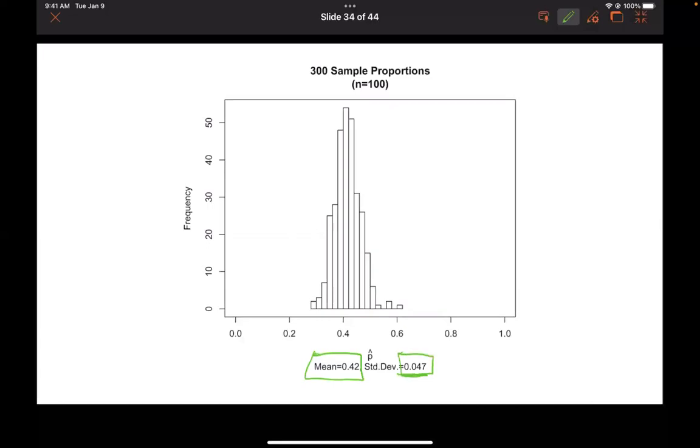So all of my sample proportions are super close to the middle, and it's a really tall bell curve. We're slightly skewed right, but not very much. I bet you if my sample sizes got even bigger, we would have a nice, pretty bell curve. So as with the means, as our sample sizes get bigger, we get more and more normal.